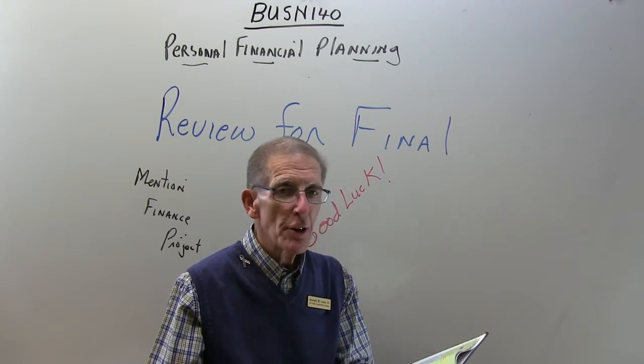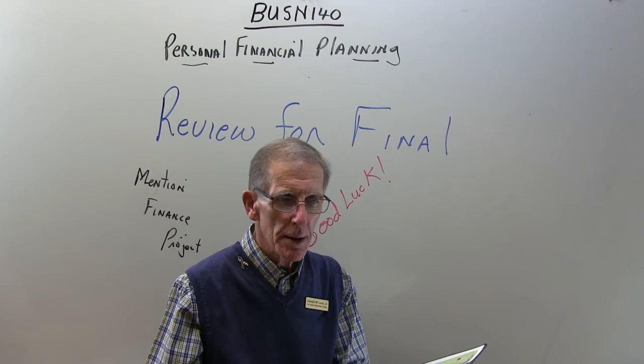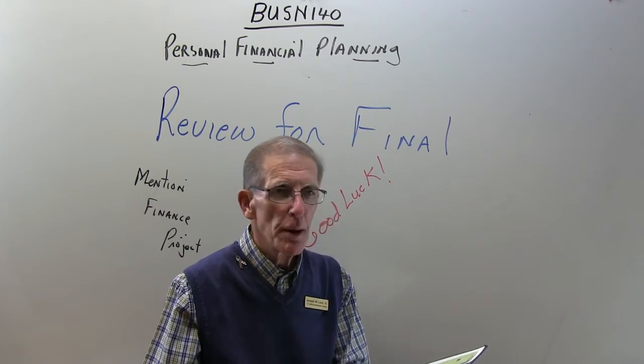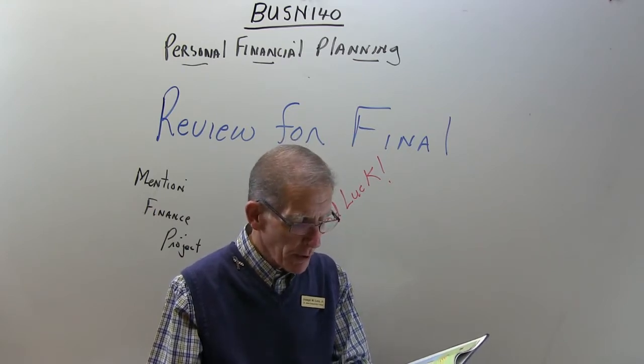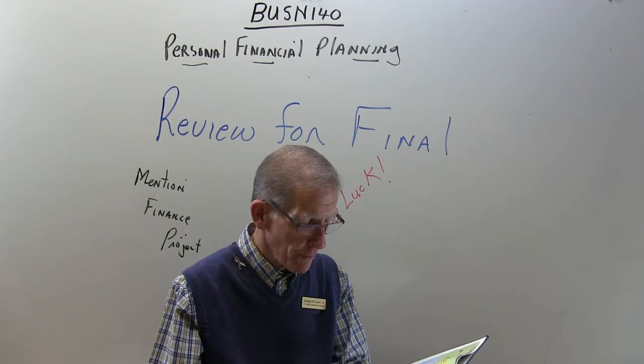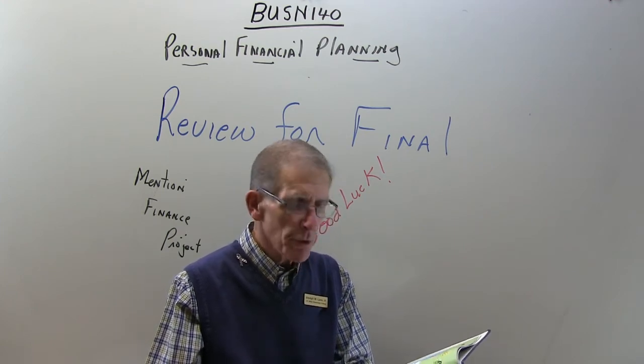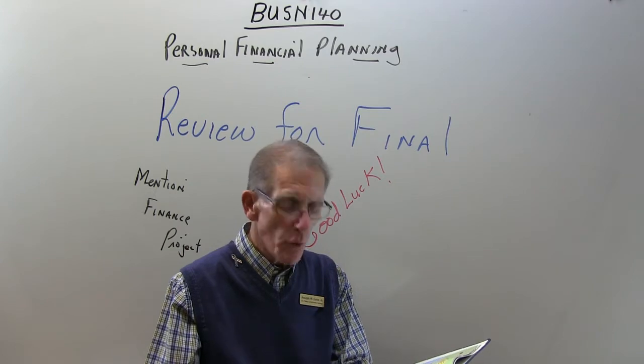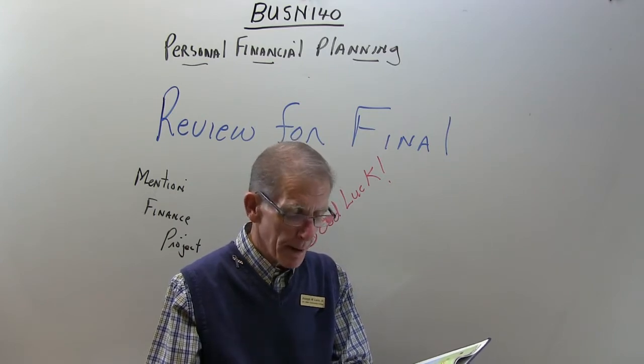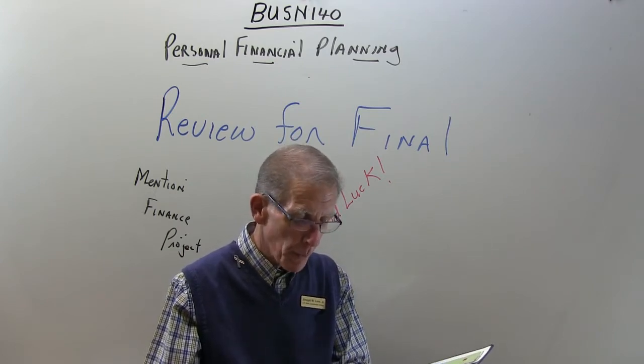A person's financial position at a given point in time. I want you to be familiar with what an income or an expense statement is. It shows or measures financial performance over time. That's two things I want you to be familiar with.